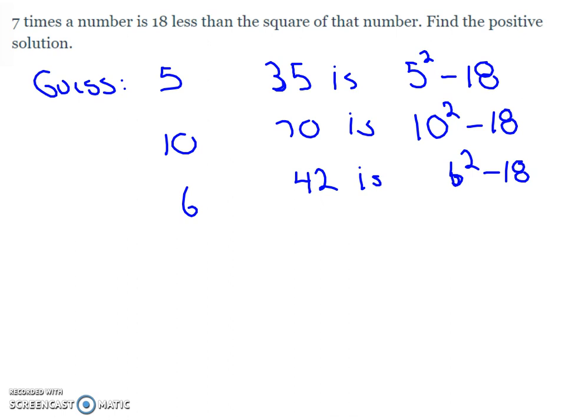So I can either keep guessing until I finally get it, or I can say, how about if I just guess like n? What's 7 times the number? 7n. Okay, and then I was always squaring the number, so n squared minus 18, and I'm trying to get those to be equal, right? So I'll put an equal sign in there, and I'll go, cool. I just finally wrote an equation that I could solve and answer the question.